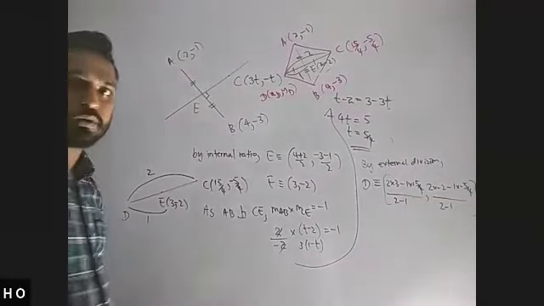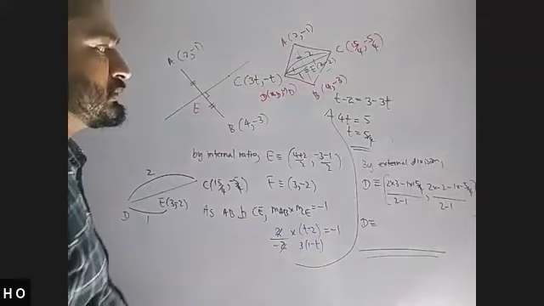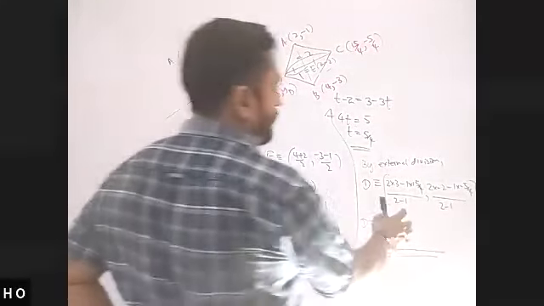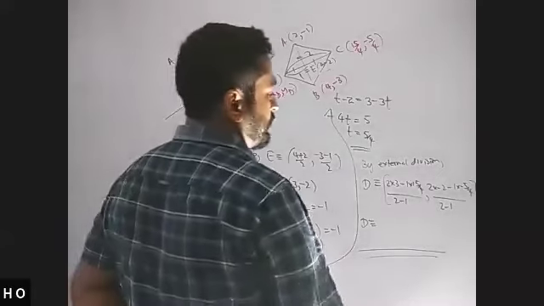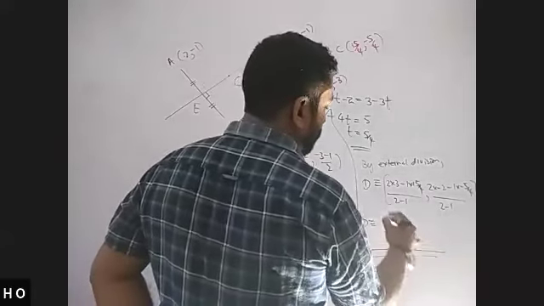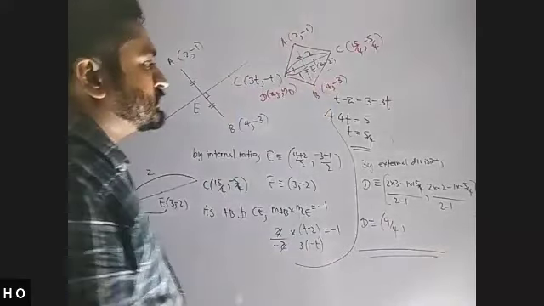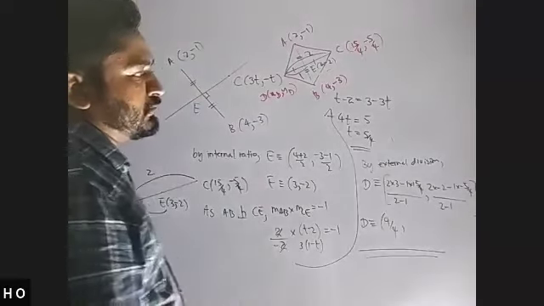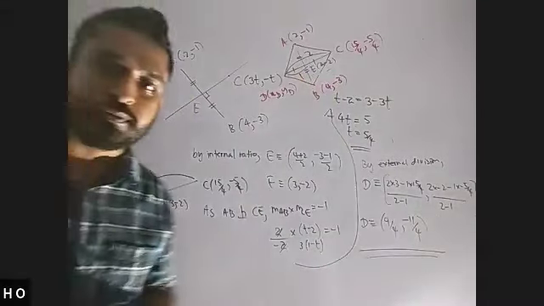Right away, let's write down the answer. 2 into 3 is 6, which is 24 by 4, minus 15 by 4 is 9 by 4, comma, minus 4 plus 5 by 4, which is minus 11 by 4. So those are the coordinates of D.